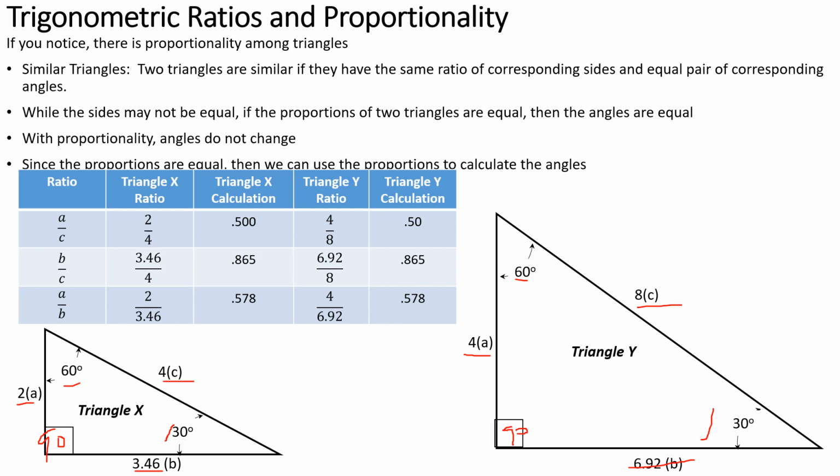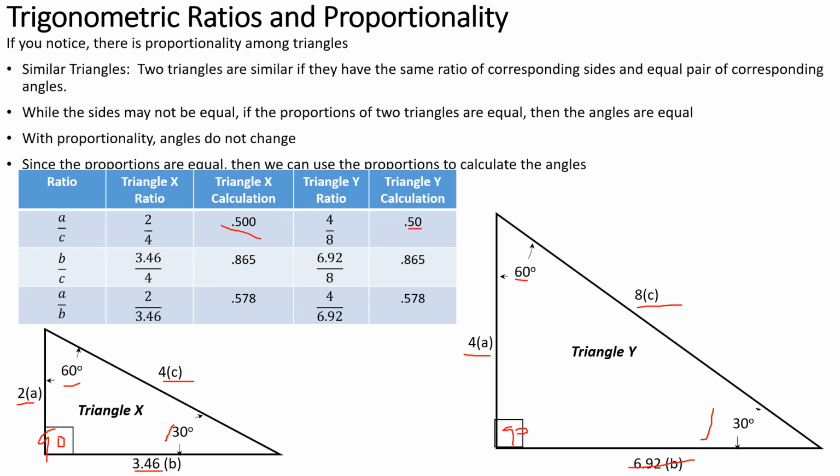When I look at my ratios of A to C, A is 2, B is 3.46, C is 4. In triangle X, it's 2 over 4, which is 0.5. In triangle Y, 4 to 8 is still 0.5.